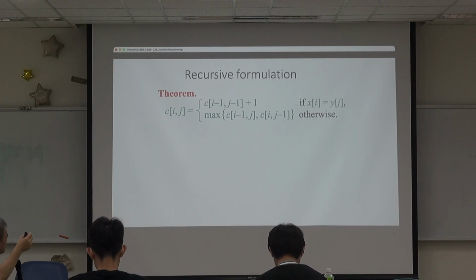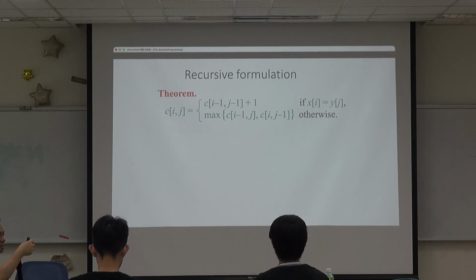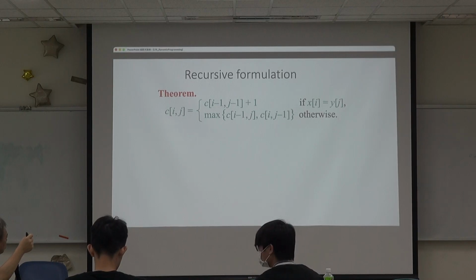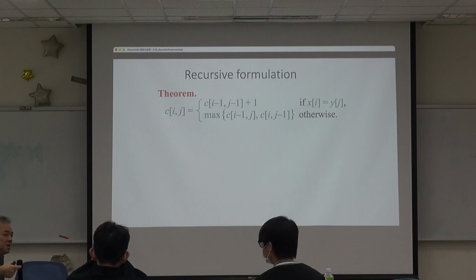But if unfortunately there's no match, then your Cij should be Ci minus 1 j or Cij minus 1, whichever gives you a longer common subsequence. In other words, the bigger one of these two, right?